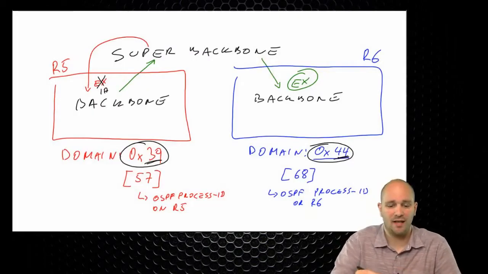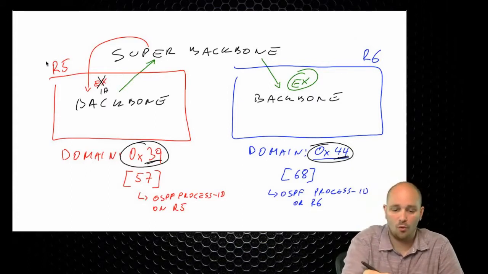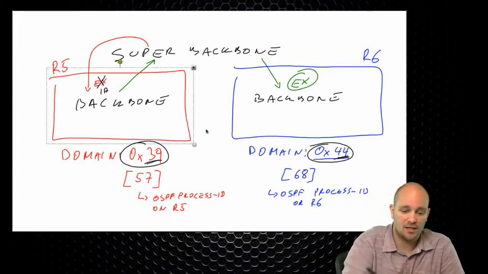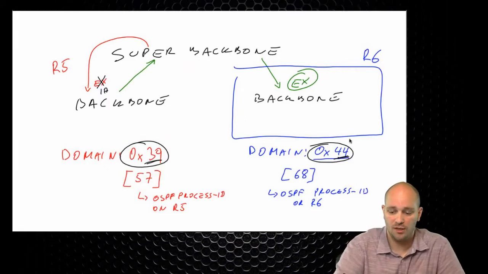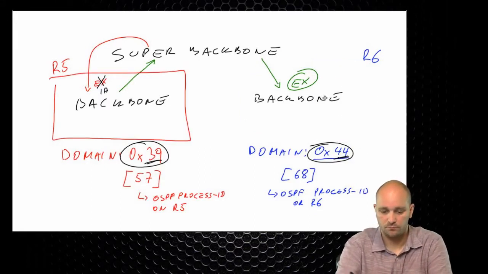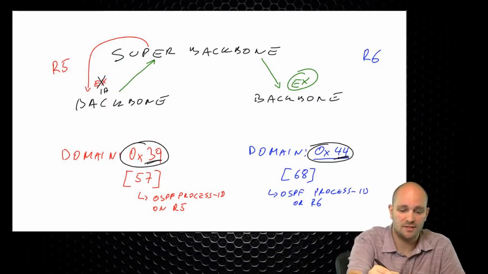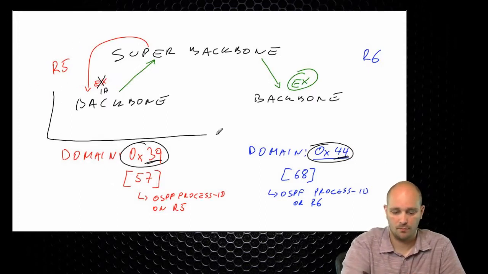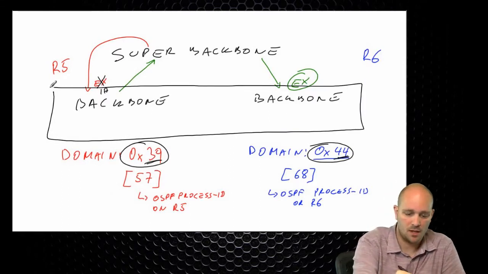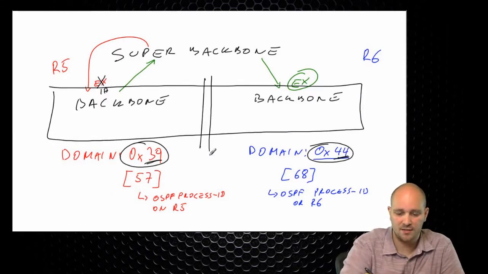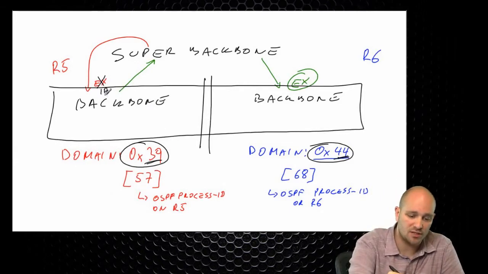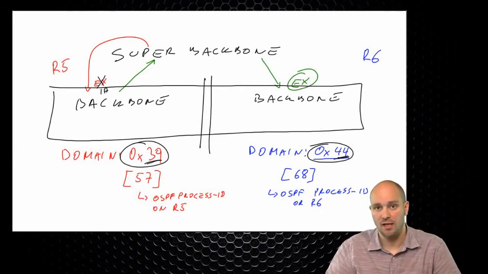Because now what I have done, now my OSPF on these two routers is treating these two here as the same domain. So on R5, this is the same domain, two sites, but the same domain. So now the routes that are being injected are actually inter-area.